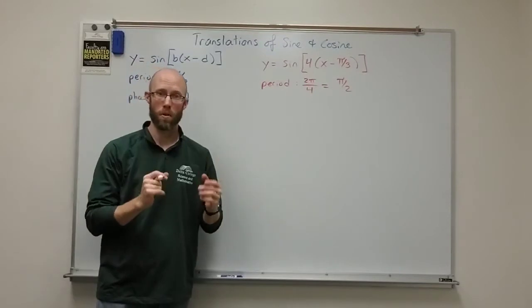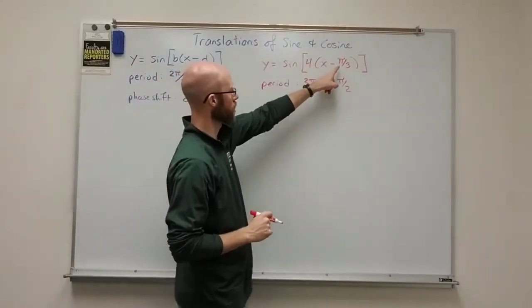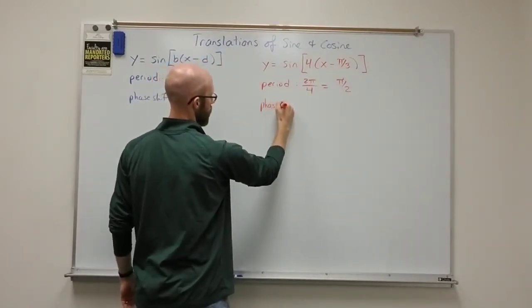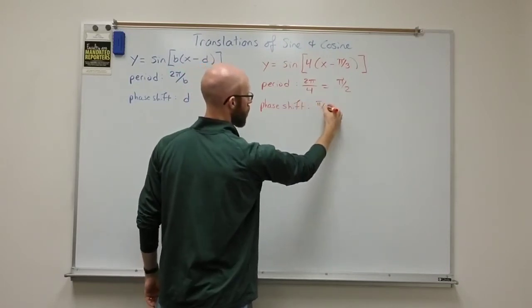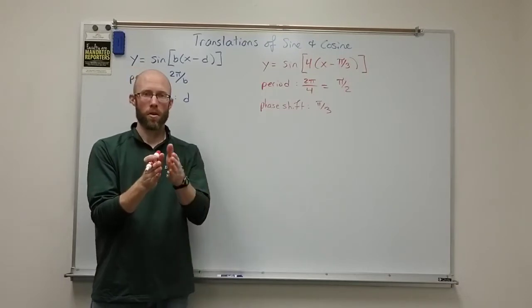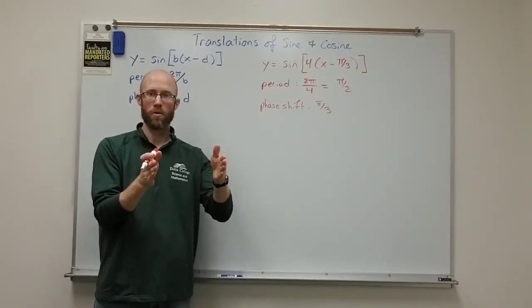Okay, so it's a shorter period, half a pi period. The pi over 3 gives us our phase shift. So we're going to start at pi over 3. We're going to move half a pi over, and that will give us a full period.